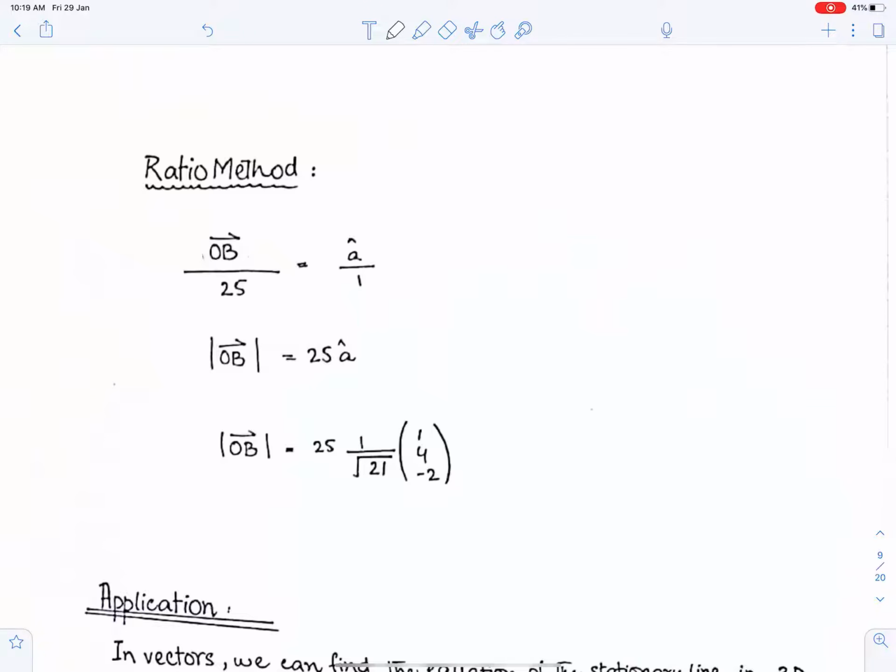So write the vector here and its magnitude here, and the given vector here with its magnitude, and just multiply 25 on this side. You will get this thing. This is vector OB.